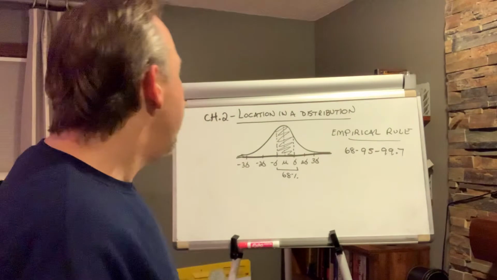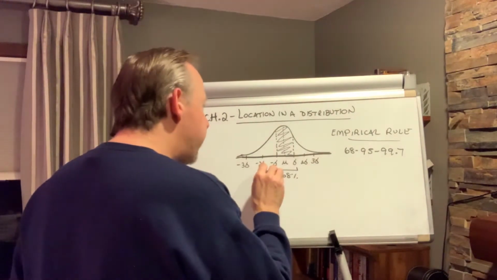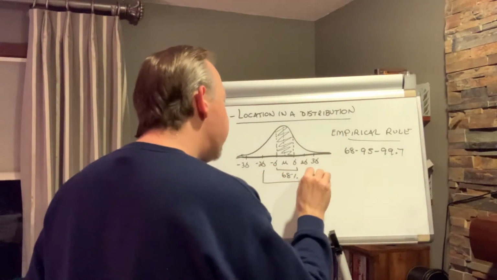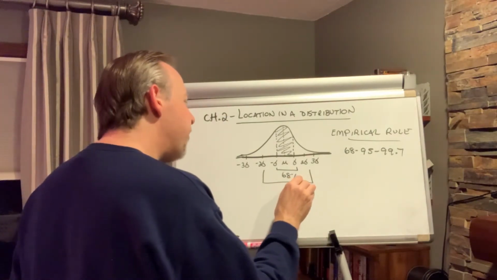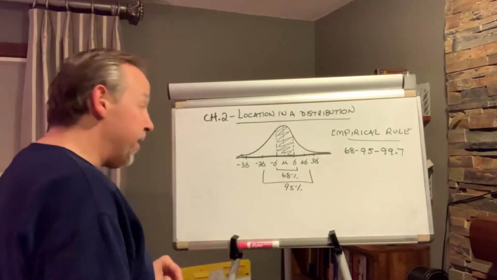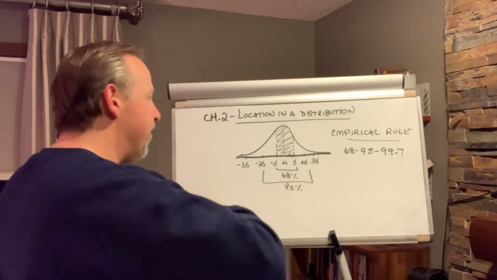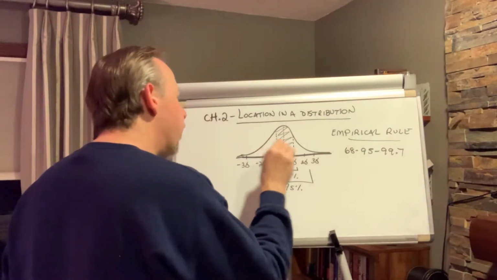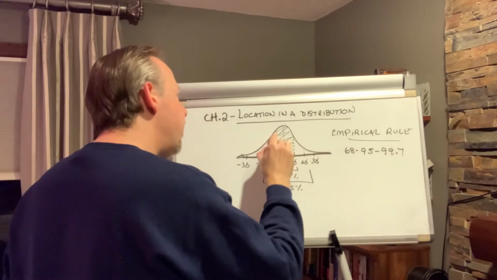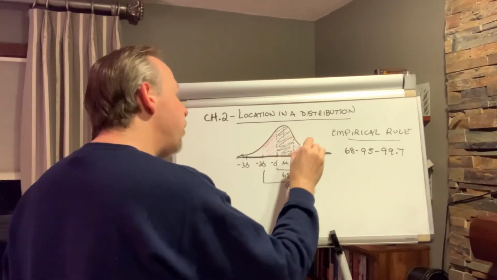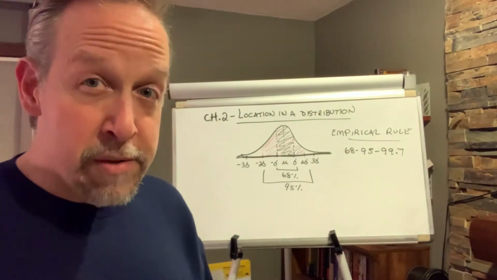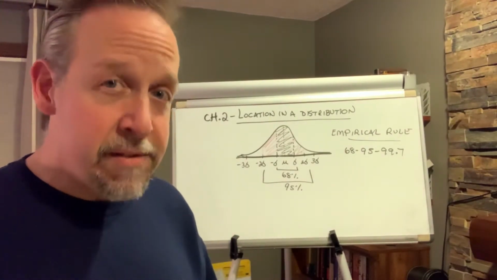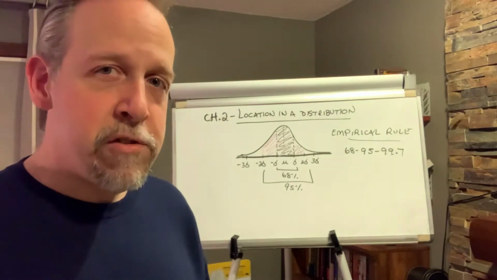Now, within -2 to +2 sigma from the center is 95% of the data. Now again, obviously that is showing us a great deal of data. So in 95% it's all this stuff, including the middle 68. So within 2 standard deviations above and below the mean is 95% of everything within the distribution.